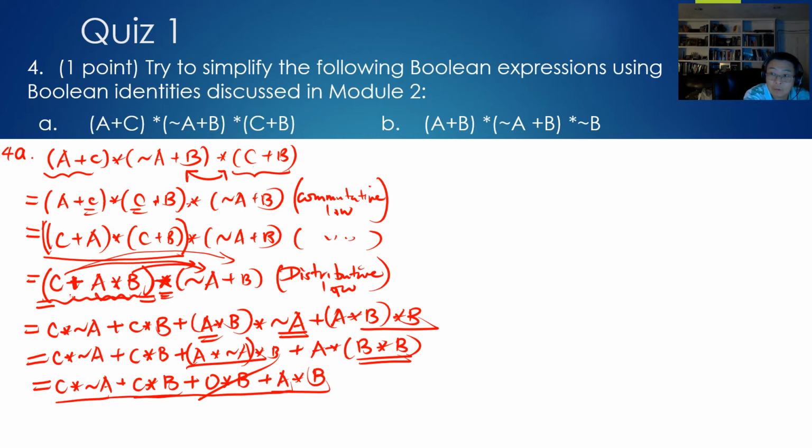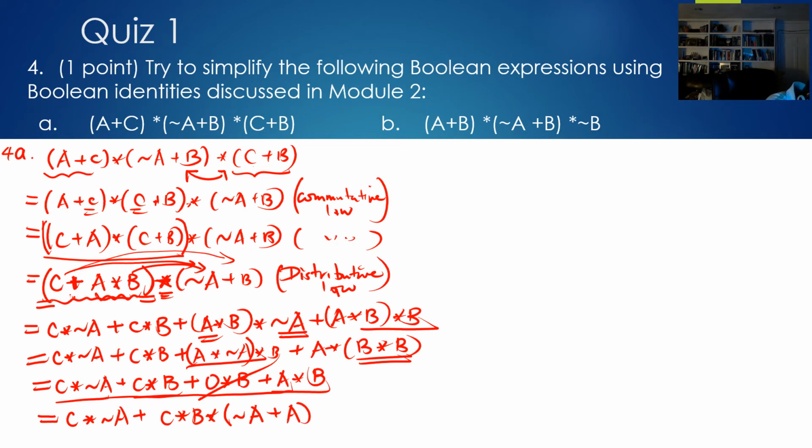You can continue to do it. How are you going to do this? Okay, let's do a small trick. C tilde A plus C times B, and then I'm going to put the tilde A plus A, because tilde A plus A is 1, right?